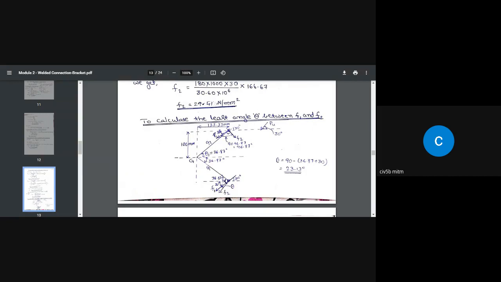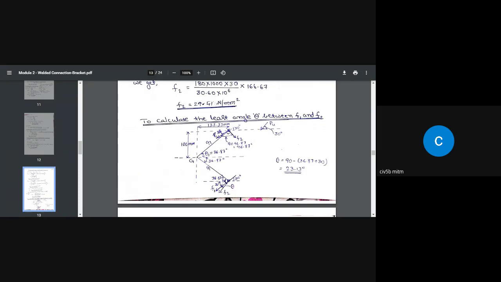In the case of sine theta, as the value of angle theta increases, the value of sine theta increases. Sine 0 is 0, sine 30 is half, sine 45 is 1 by root 2, that is equal to 0.707, sine 60 equals 0.866, and sine 90 equals 1.